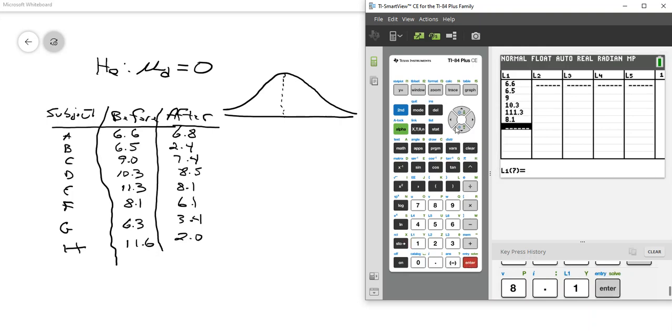Oops, I got a mistake here. 11.3, enter. And 8.1, enter. 6.3, and 11.6.